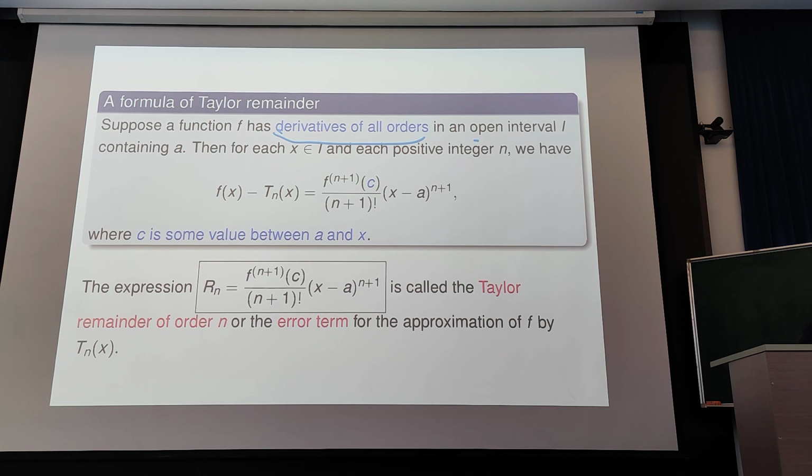We need to remember this formula, and we denote Rn by this one to be the Taylor remainder of order n, or the error term for the approximation of f by Tn.